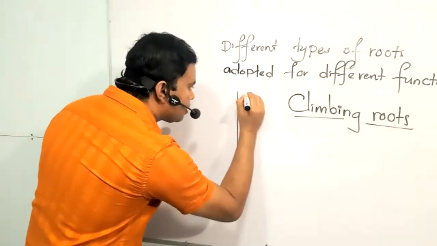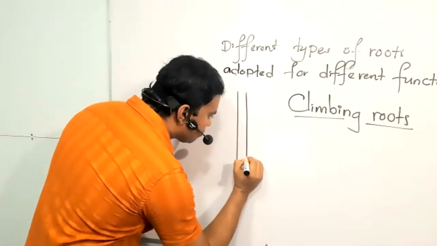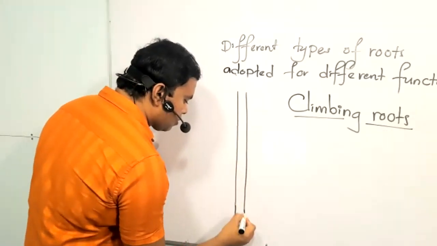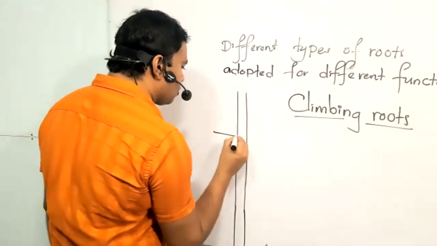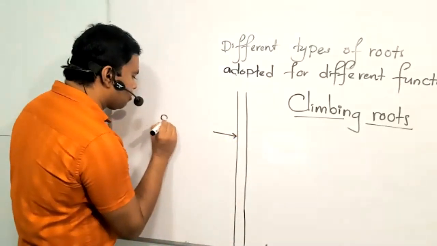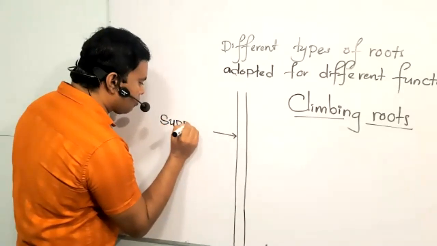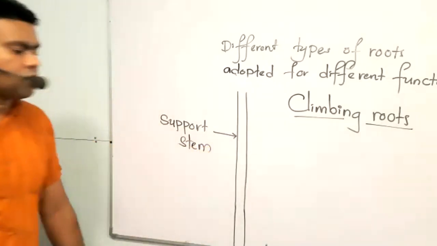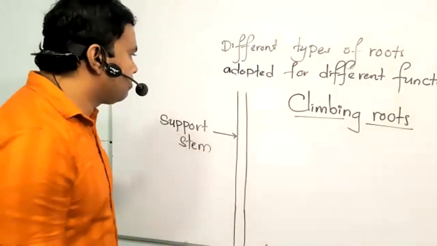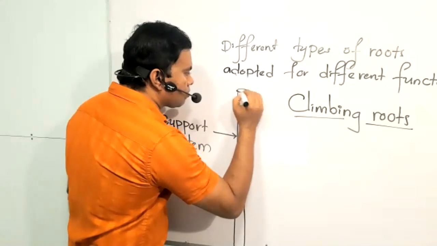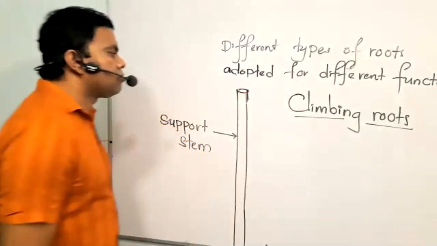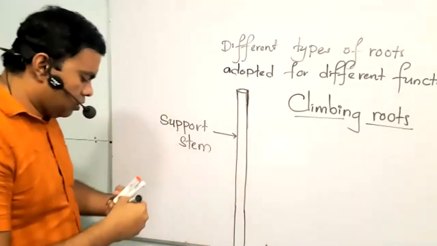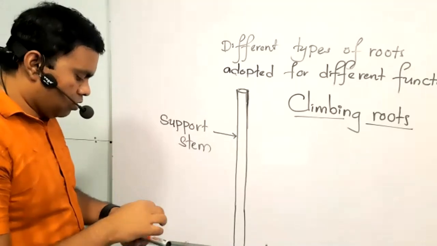So this is the support. Support stem is there. Pepper or betel like plants can be grown on this. So you can observe it.